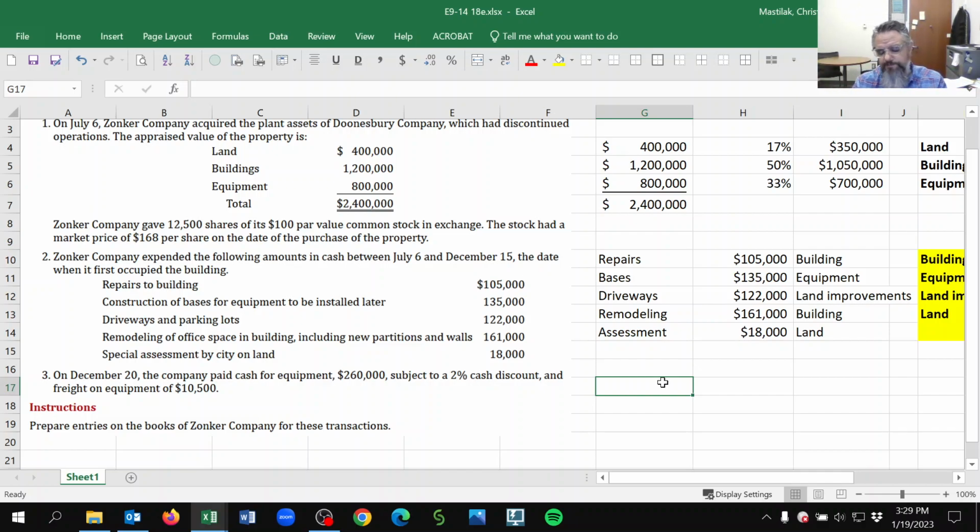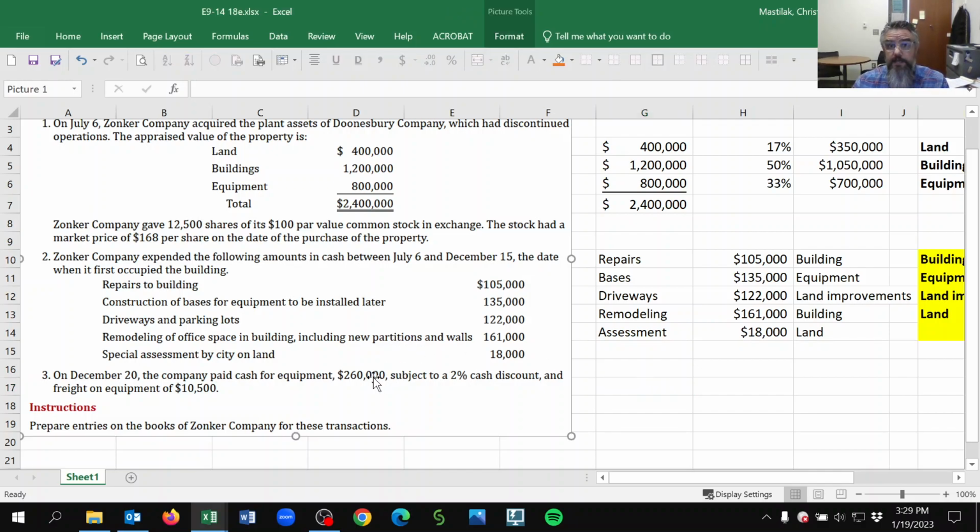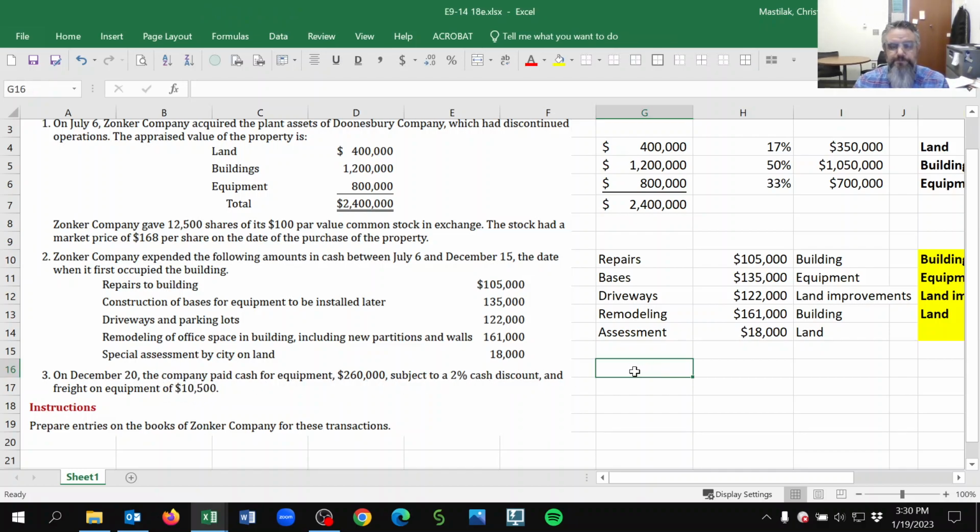We have to bring it in. And if that costs us $10.5 of shipping, then that's part of the cost of the equipment. But also, we mentioned in class, if we take a cash discount, we'd reduce the cost of the asset. Now, it's only the equipment cost that's subject to the cash discount. We're not told the freight is subject to a cash discount.